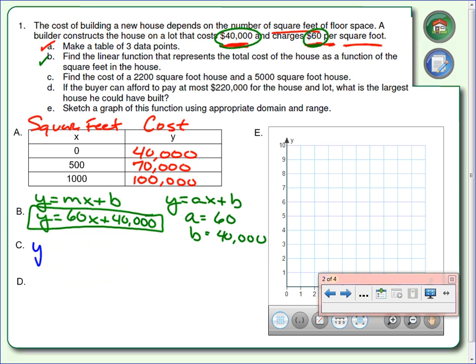So if I want to know what the cost is of a 2,200 square foot home, all I have to do is replace the X with a 2,200. Put that in my calculator and see what I get. So go ahead and put that in your calculator. Let's do 60 times 2,200 plus 40,000. See what you end up with.